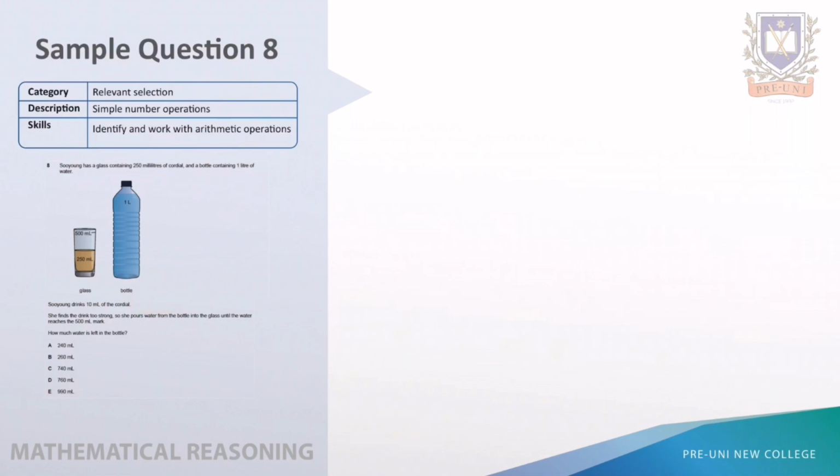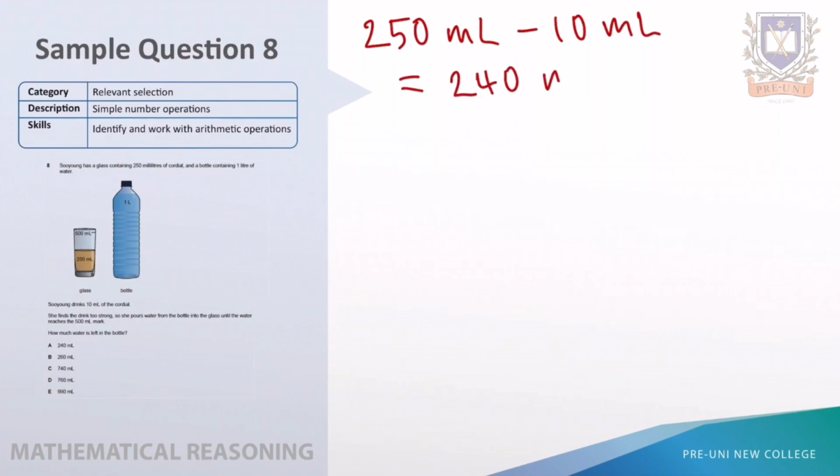We can firstly calculate the amount of cordial left in the glass after Soo-young has drunk 10 milliliters of the cordial. So we can see from the diagram that there is 250 milliliters of the cordial and Soo-young has drunk 10 milliliters. So thus there would be 240 milliliters left.